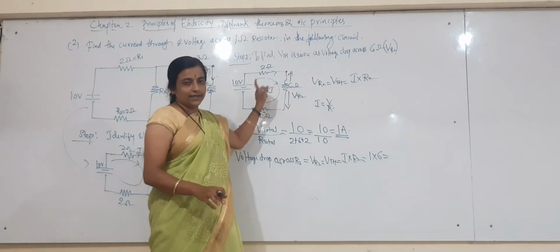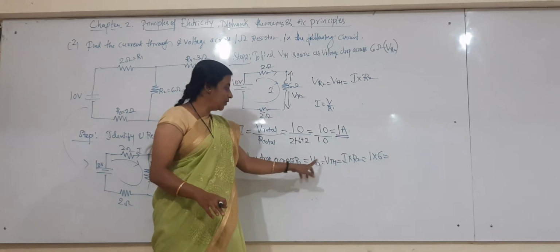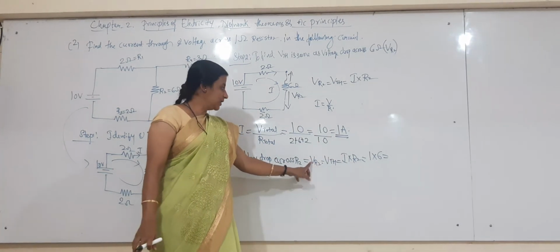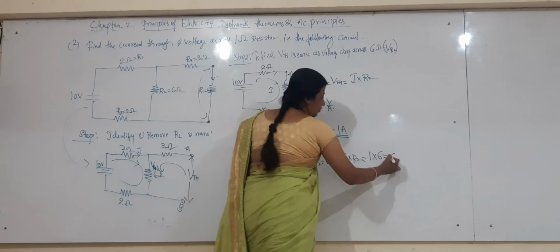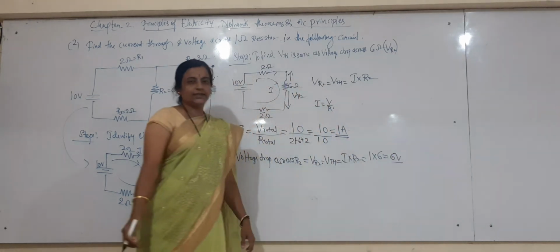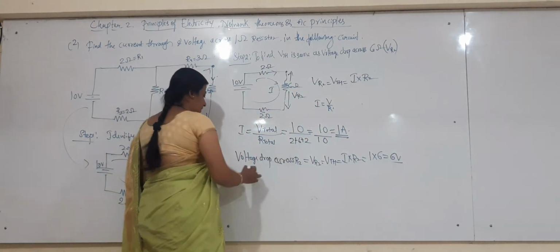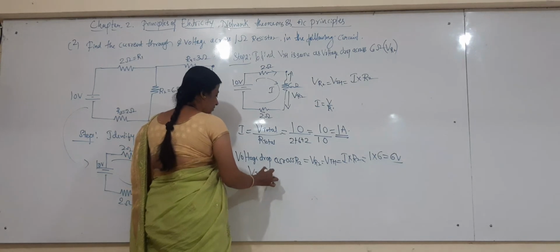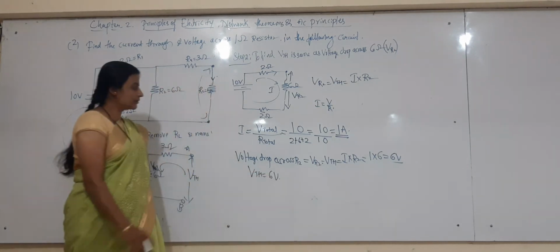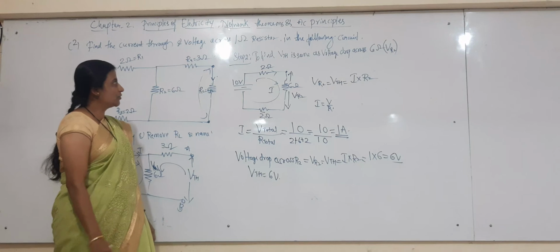The product of current and resistance provides the voltage drop. So 1 into 6 is 6 volt. So that is the Thevenin's voltage. Therefore VTH is equal to 6 volt.